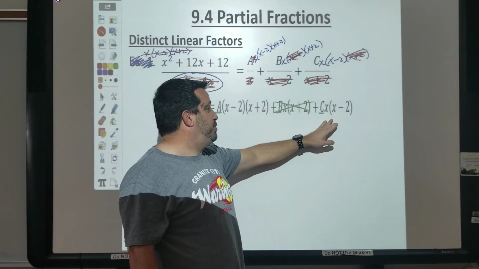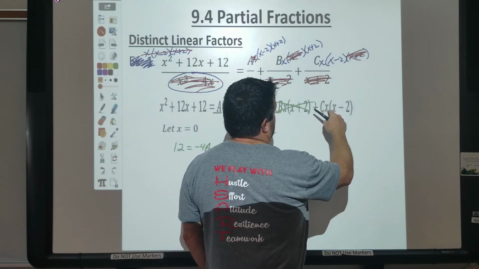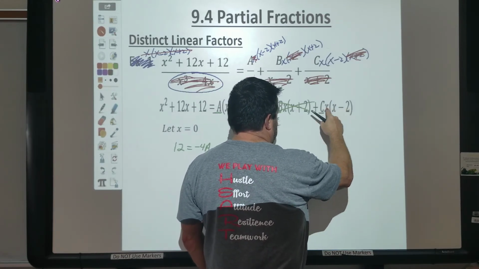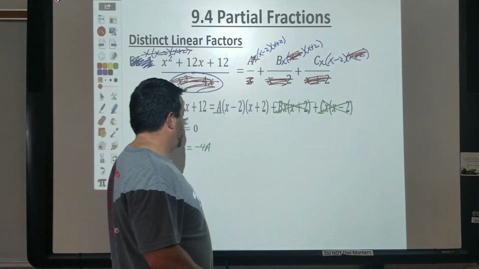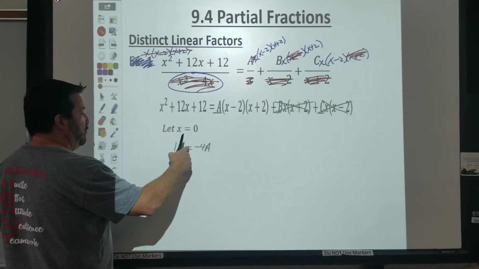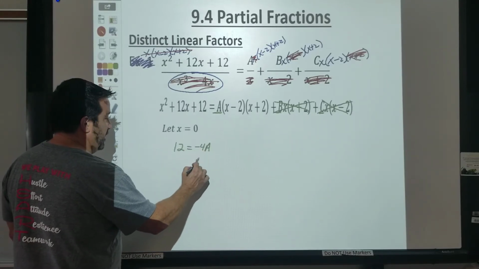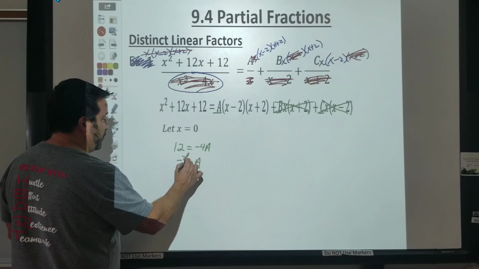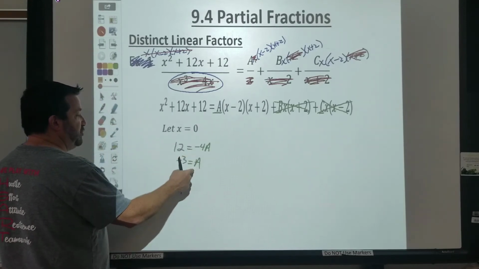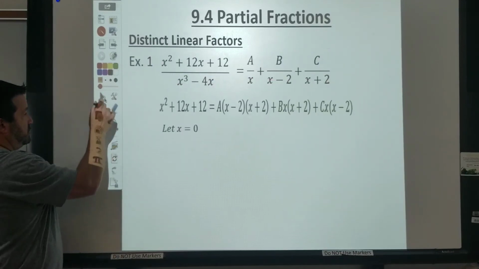And if I let x be 0 here, c times 0 is 0, and then times negative 2 would also eliminate that one. So what I end up with, when I let x equal 0, I get 12 equals negative 4a, which I could solve and get a is negative 3. So by letting x be equal to 0, I found a right away.